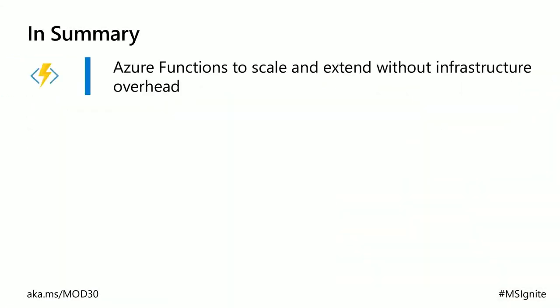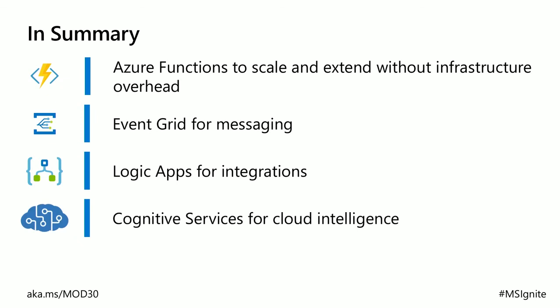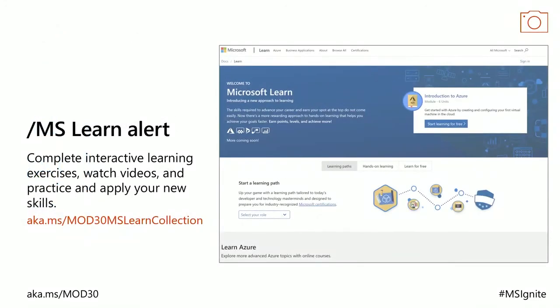So in summary, Azure Functions to scale and extend without infrastructure overhead, Event Grid for messaging, Logic Apps for integration, Cognitive Services for cloud intelligence. And if you want more information on any of this or want to use the source code, check out ACA-MS MOD30. There's a Learn Alert.